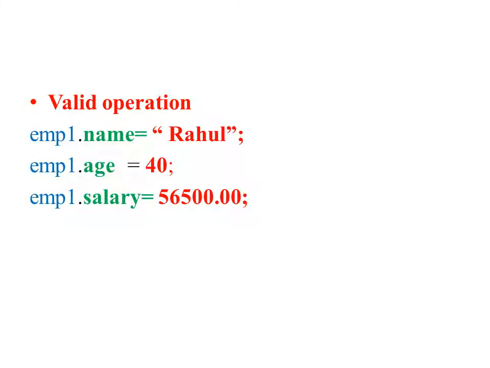We can remember the key points of this structure lecture: a structure is a group of data items having different data types. We have to use the keyword struct for the declaration. The declaration is always terminated with a semicolon.